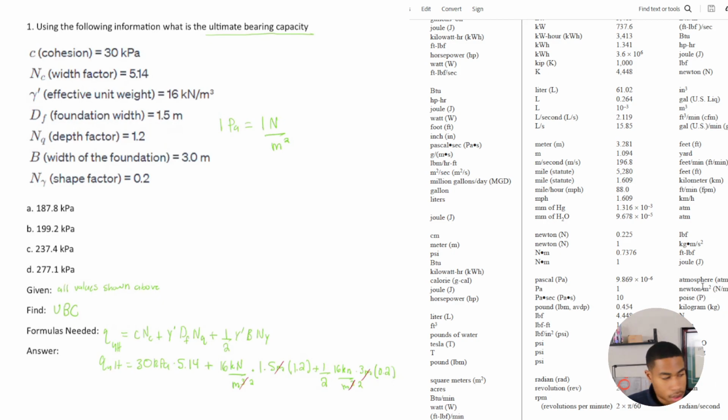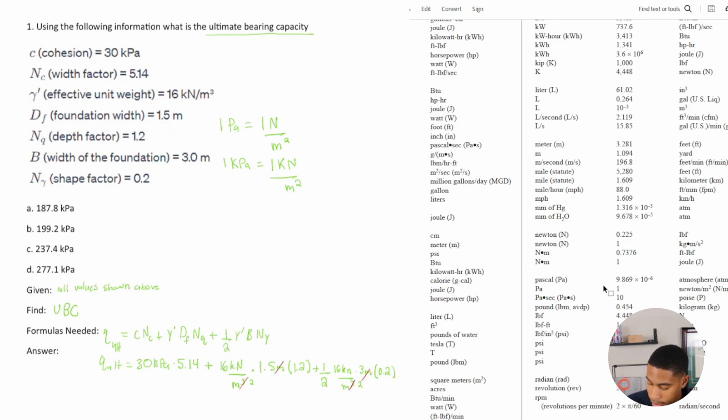It's in your handbook as well, but if you remember it, it'll be a lot easier. So that means if 1 Pascal equals 1 Newton over meter squared, then 1 kilopascal, so you're just multiplying by 1,000, is equal to 1 kilonewton over meter squared.